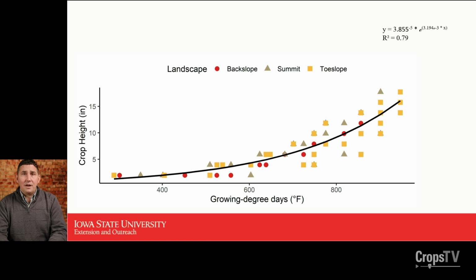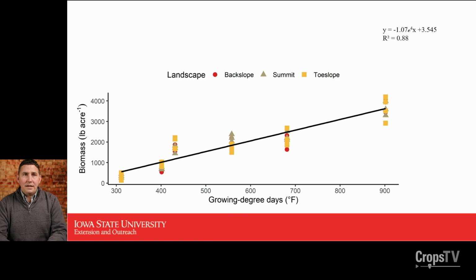You can see that it's fairly good, especially when we're below 600 degrees accumulated. Once we got out above 800, now our variance is getting a little bit higher. A few different things are potentially occurring there associated with soil moisture, the face of that landscape as that slope goes, right? The sunnier slopes are going to have a little bit more growth than the shaded slopes.